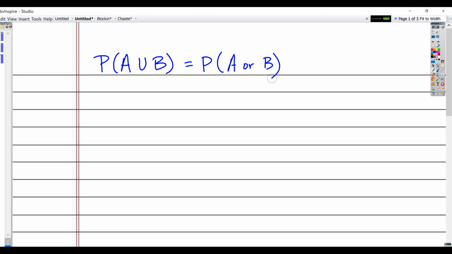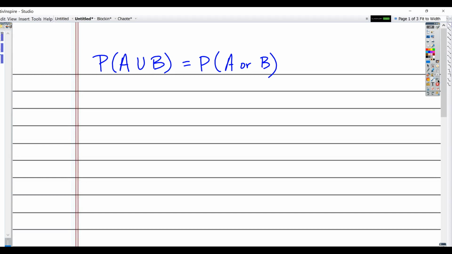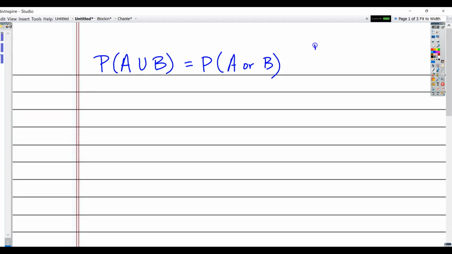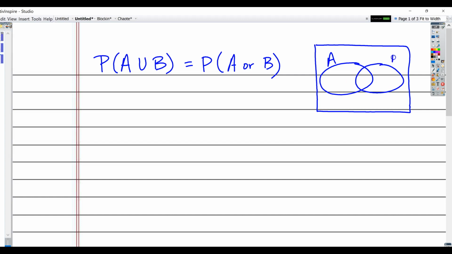So let's do a little Venn diagram, and I'll show you what that looks like. Okay, so I have our Venn diagram here. If I have event A, whatever that may be, and event B, whatever that may be, where is A in union with B?